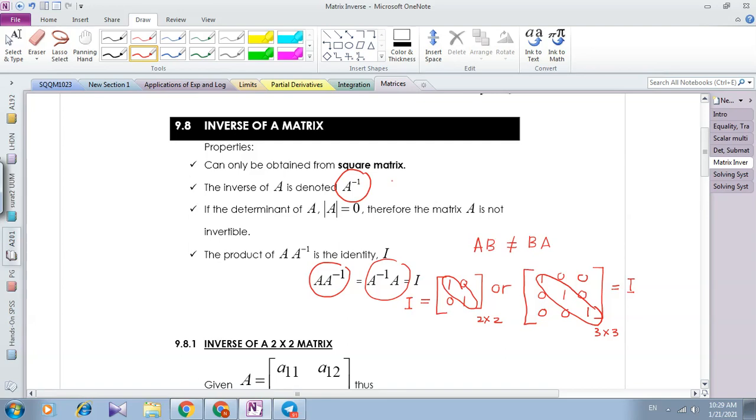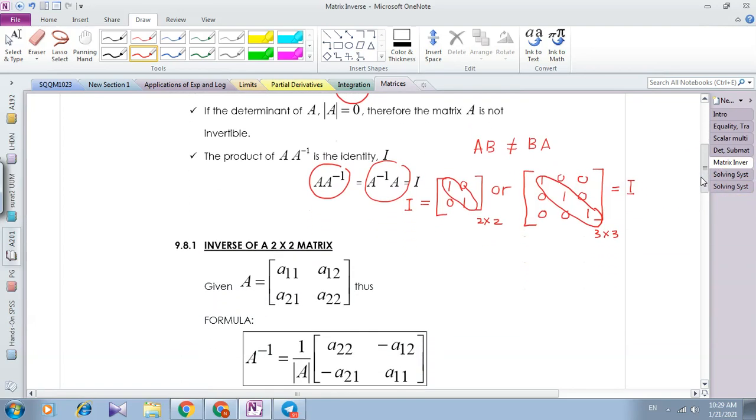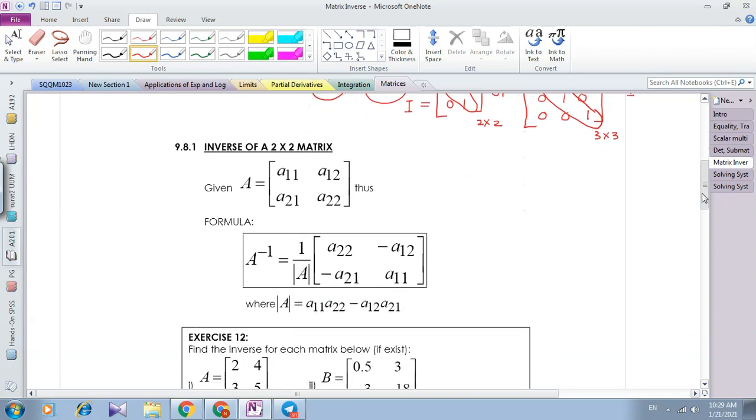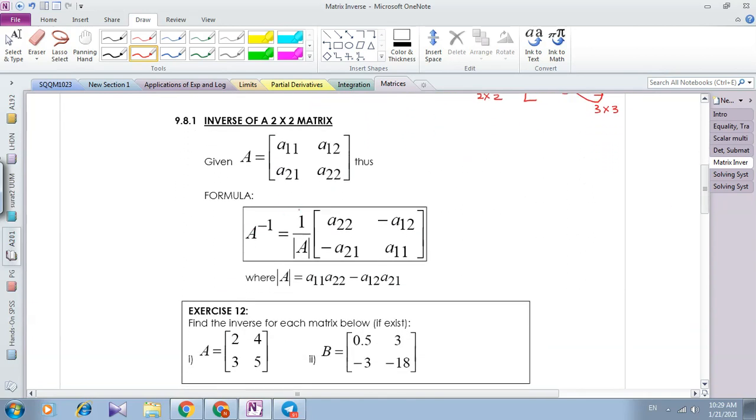For inverse, you should denote by this notation. For a 2 by 2, it will be quite straightforward. It will simply be this formula, 1 over determinant, and then times the modified matrix here. If you can see, between these two elements, we will change the place.